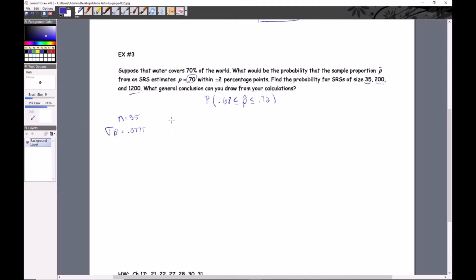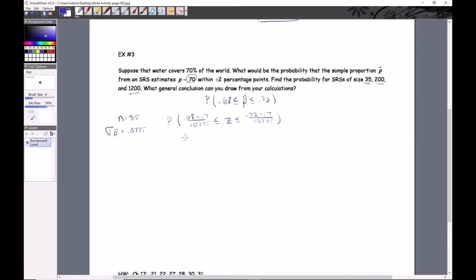So let's do the probability, and I'm going to shortcut this. 0.68 minus 0.7 over 0.0775 is less than or equal to z, which is less than or equal to 0.72 minus 0.7 over 0.0775.